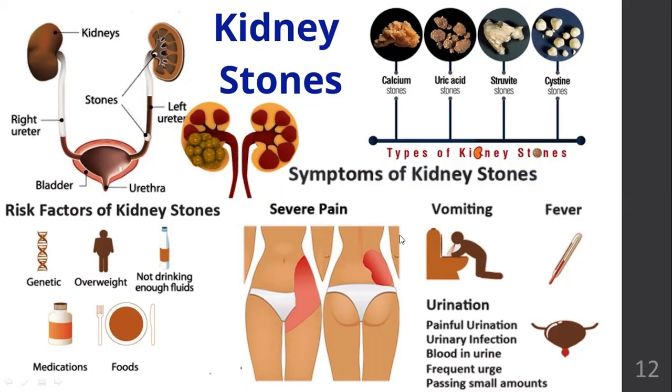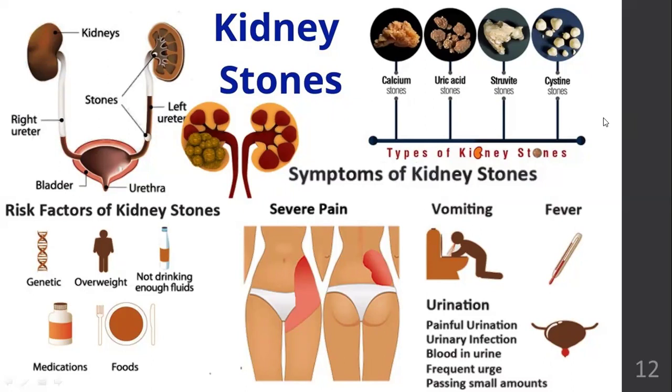And there are different types of stones as well: calcium stones, uric acid stones, struvite stones, cystine stones. Based on what type of stone you are diagnosed with, your diet also changes. Not all, but the majority of kidney stones are calcium stones.